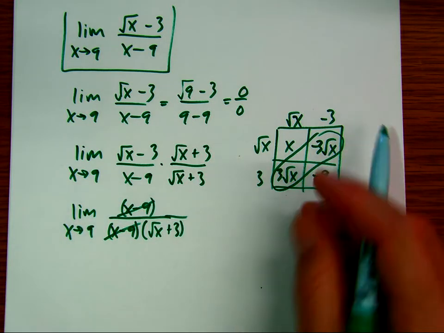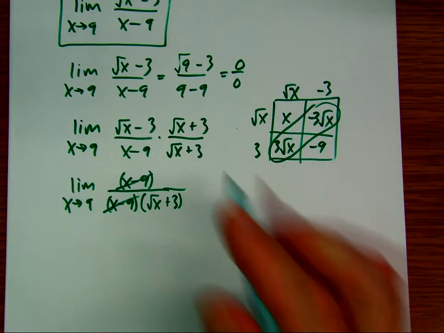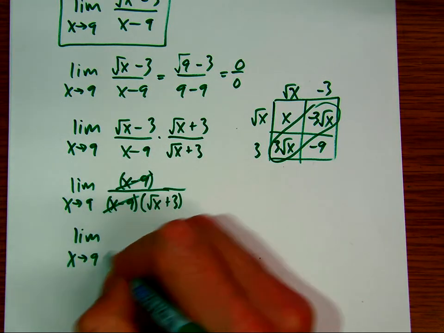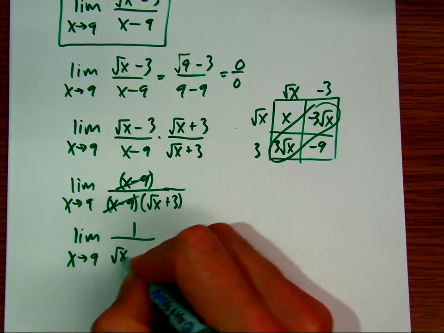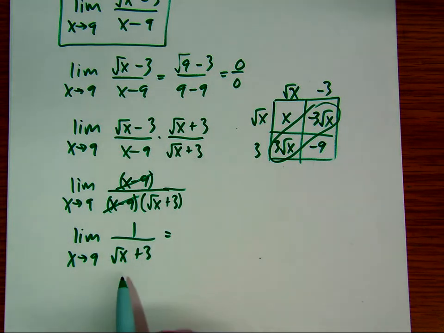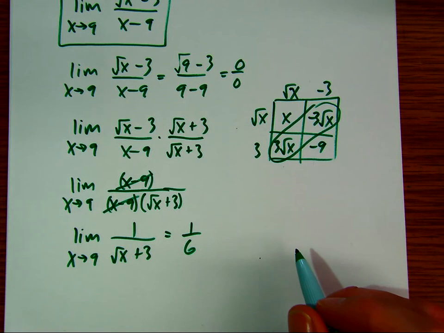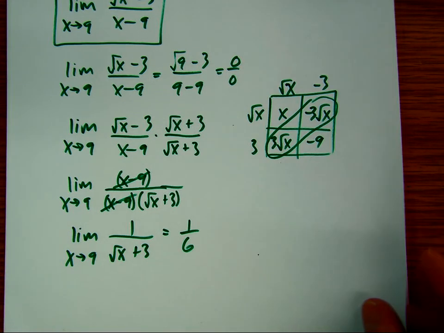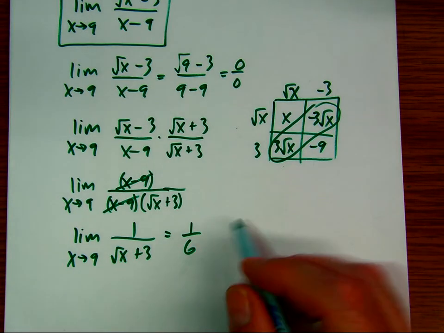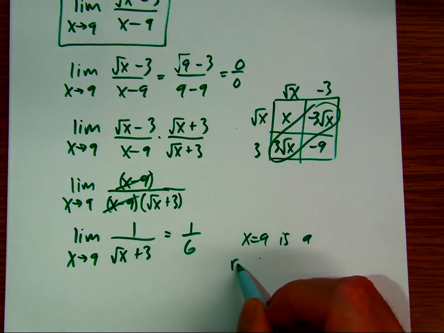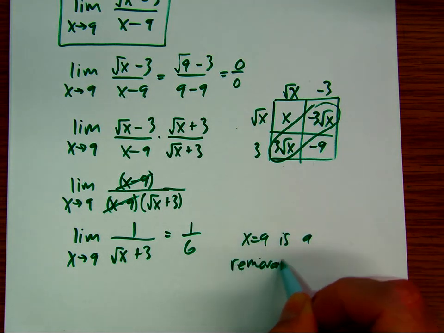So that cancels. And now we substitute a 9 here, so that'll be square root of 9 is 3, and we get 1 over 6. And we can say that the limit is 1/6, and x equals 9 is a removable discontinuity.